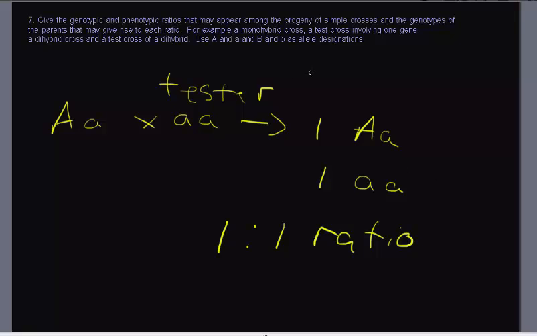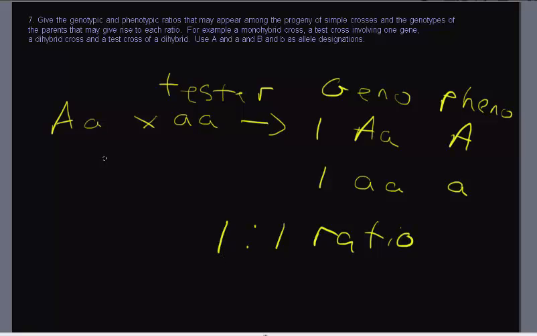So if we think about this as the genotype, and this is the phenotypic ratio, the phenotype is going to be the dominant phenotype, and the phenotype for the other one is the recessive phenotype. It's a 1-to-1 ratio. So both the genotype and the phenotype ratios are 1-to-1.